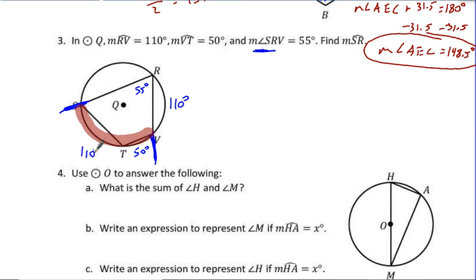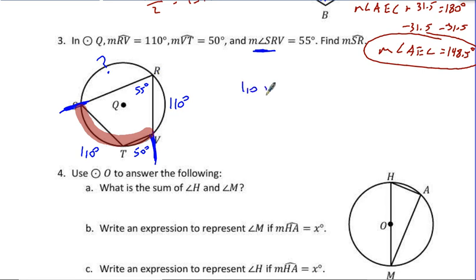Which is 110 degrees. So actually, arc TV being 50 degrees does not matter, since I'm trying to find arc SR. And arc TV is covered by the 110 degrees that I just found. And I know this 110 degrees.